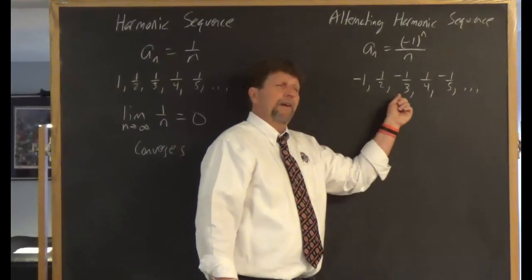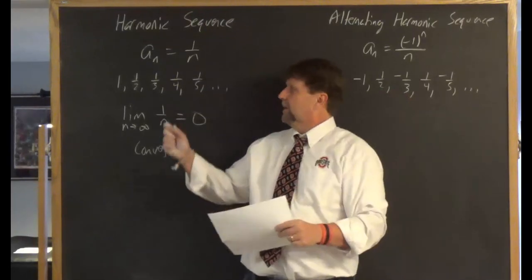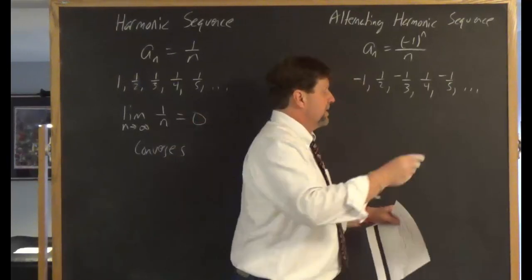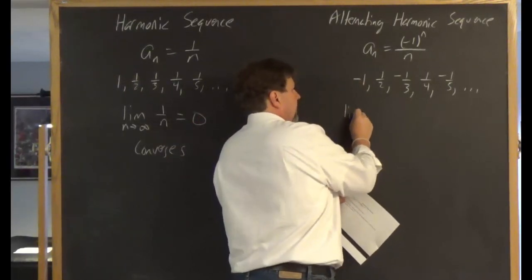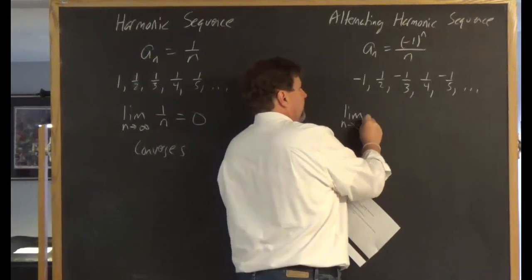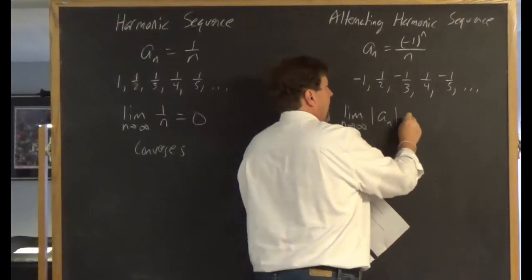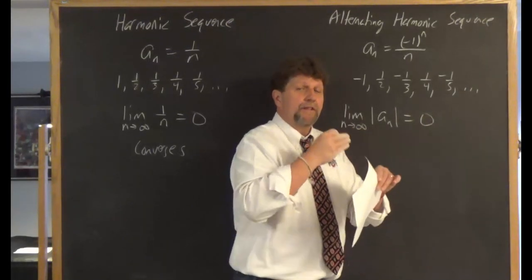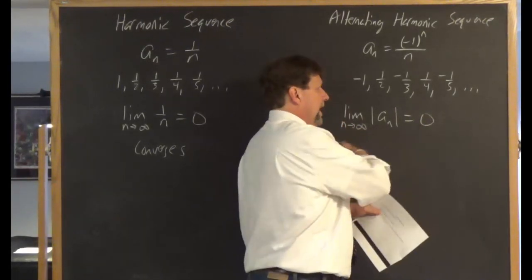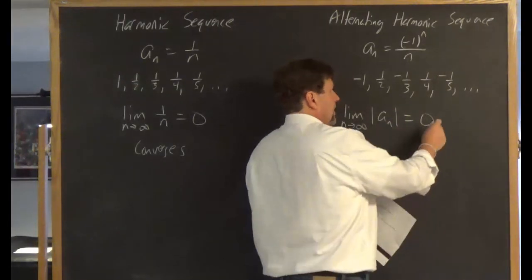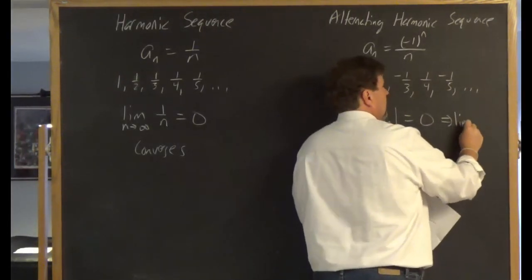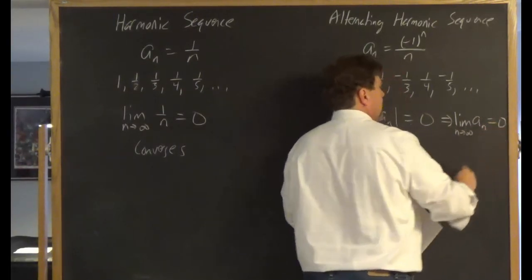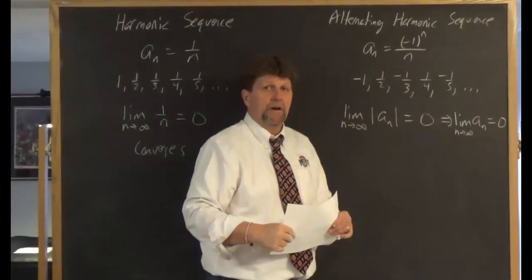Notice if you take the absolute value of each term, you have the harmonic sequence. So if the limit as n goes to infinity of the absolute value of a sub n is 0, then the limit as n goes to infinity of the original sequence must be 0.